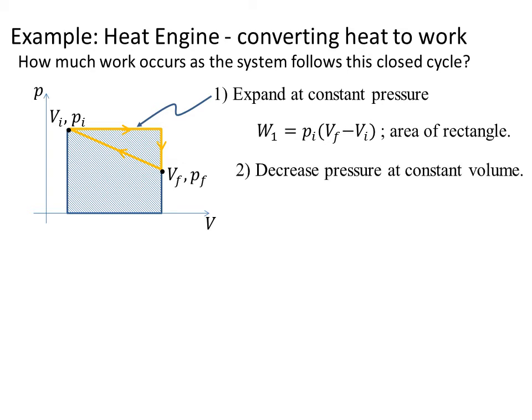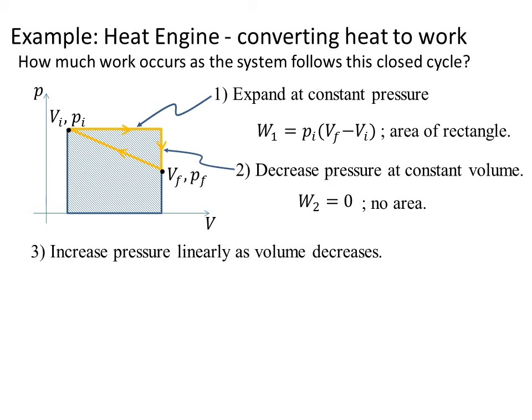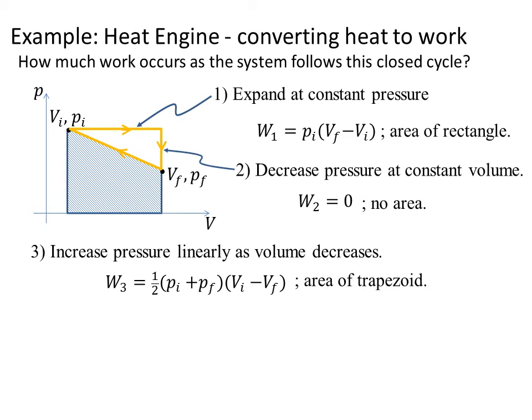Then if we decrease the pressure at constant volume, the second segment, well, W2 is equal to 0 because there's no area underneath that segment. The last leg, as we go back from the final value to the initial value, we increase the pressure linearly as the volume decreases. So we have that W3 is equal to this value, the area of this trapezoid.